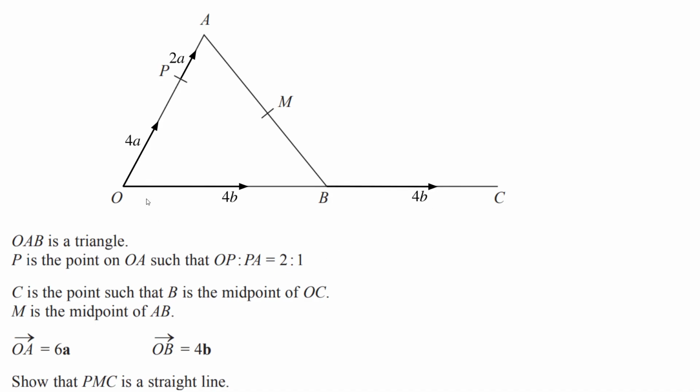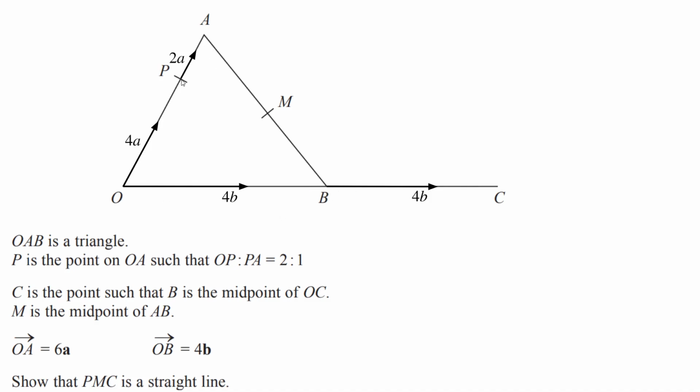Just think about it: if half of the full line is 4B, then 2 halves, which add up to 1, will give us 8B. So the full line is 8B, and this is 4B as well. So this is equal to this.